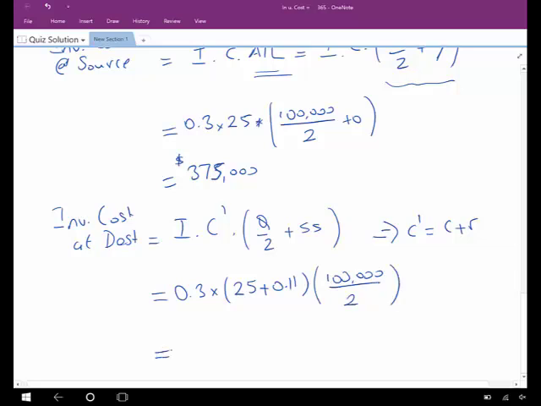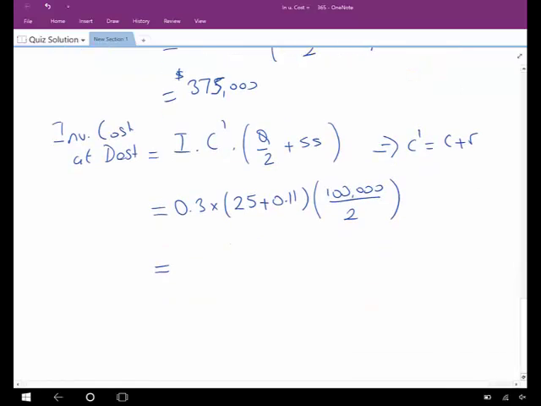That cost turns out to be 376,650. So the impact of the transportation rate on inventory is the difference between 376,650 and 375,000.